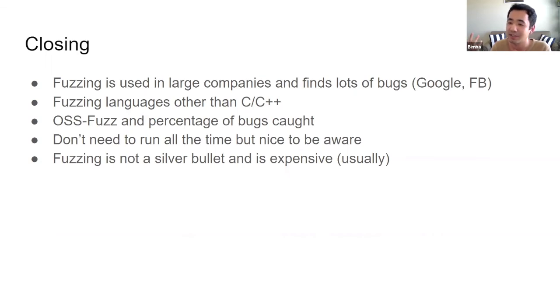Parsers are probably where they're used the most because there's tons of bugs to be found in parsers, and the input doesn't really have to be that complicated for you to trigger a bug. But I have seen some image processing library that uses fuzzing. I forget what it was called, but I think it's out there somewhere.